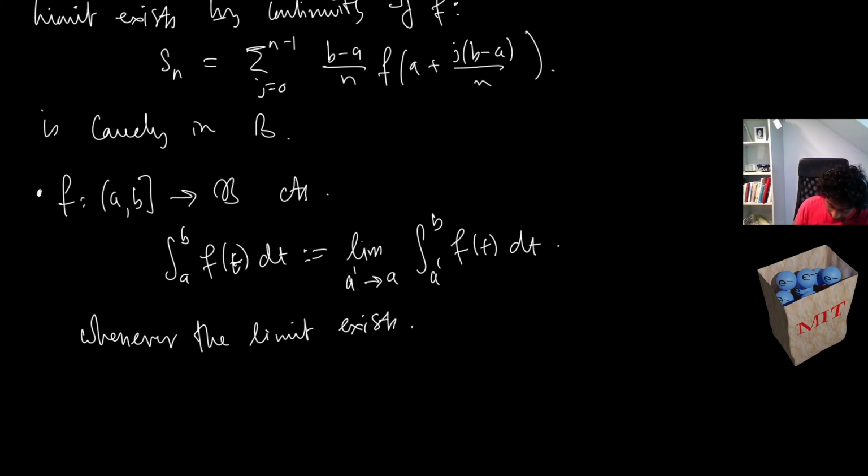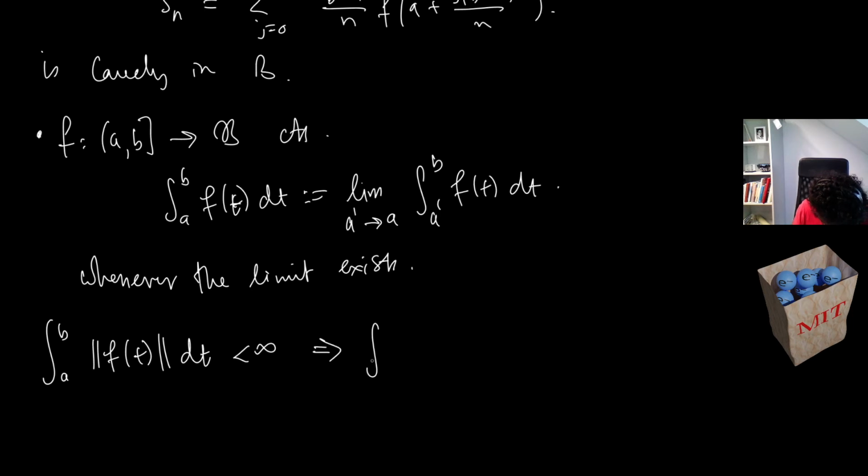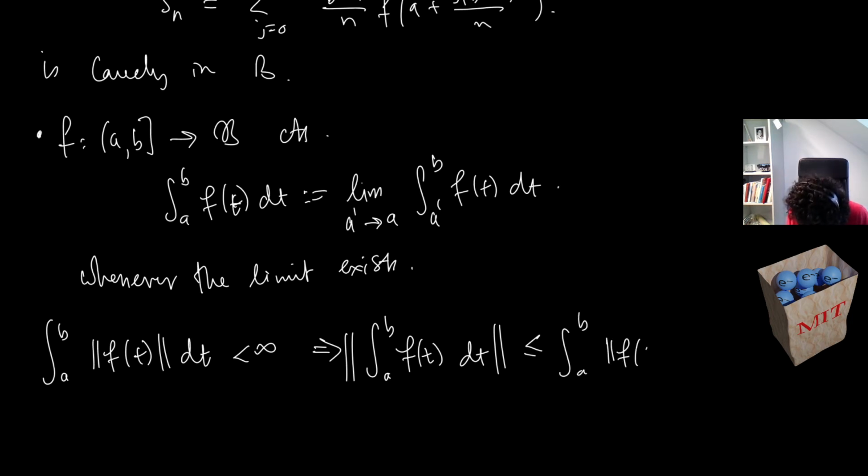And the point is that when we have this norm integrability, the integral itself is integrable, and it is going to be controlled by the integral of the norm. So it's like a triangle rule in the integral sense.